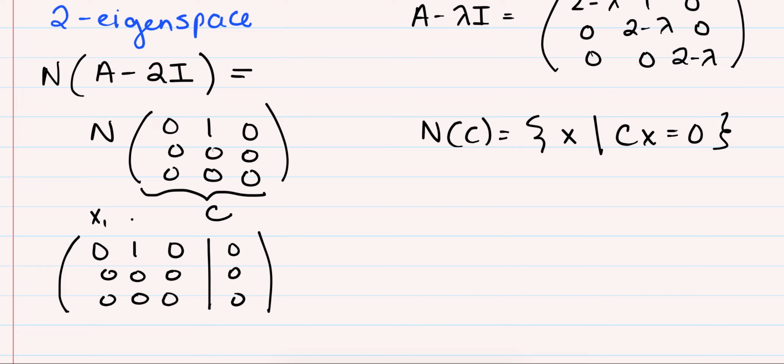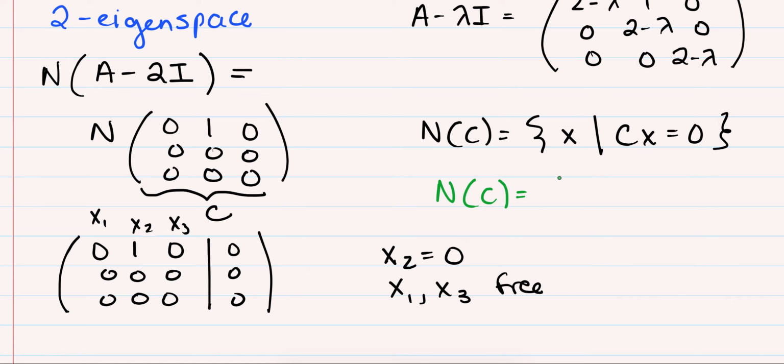This is our x1, x2, x3. And we need to solve for this one here. We get that x2 is equal to 0, and x1 and x3 are free. So the null space of C is equal to all vectors R, 0, S, such that R and S are complex numbers.